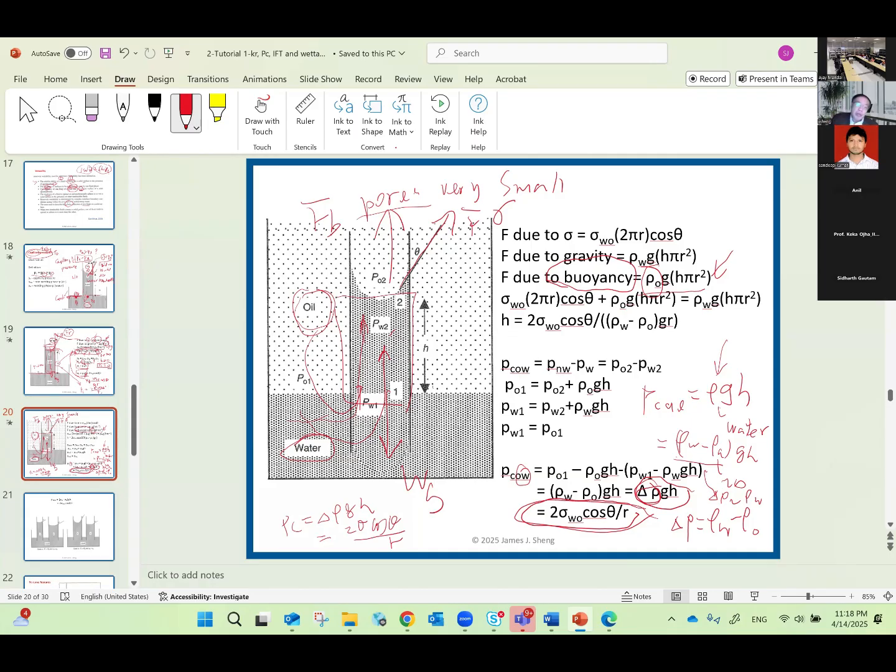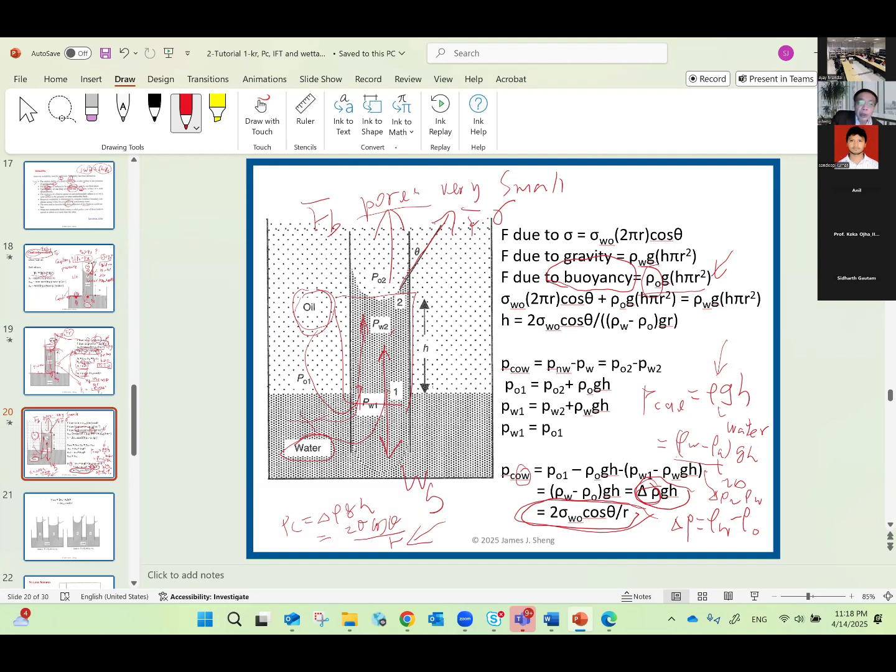Now let's come back to this equation again. It shows capillary pressure is inversely proportional to R. Okay, so if R is smaller, then capillary pressure will be higher. Let me further clarify.